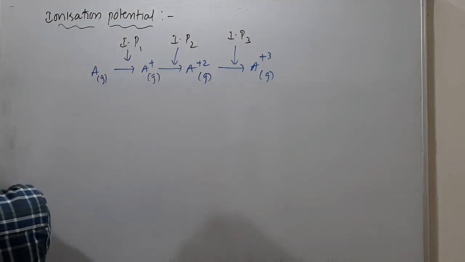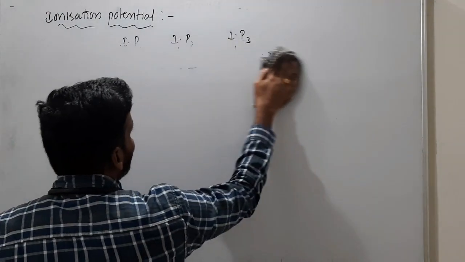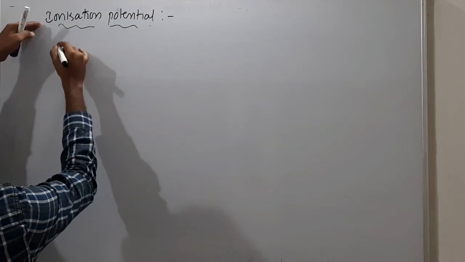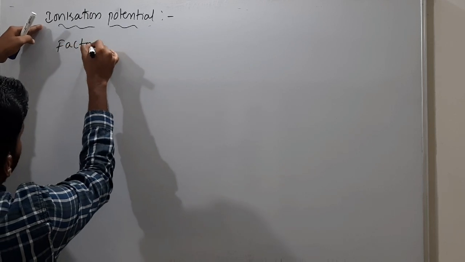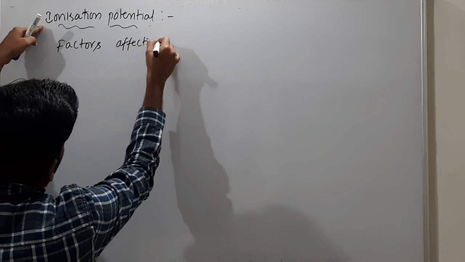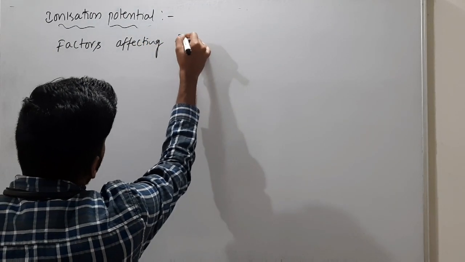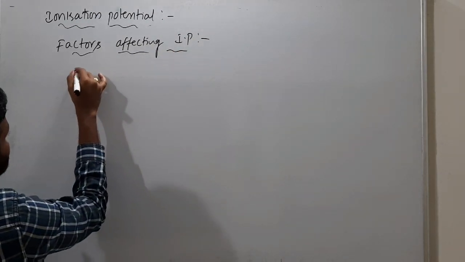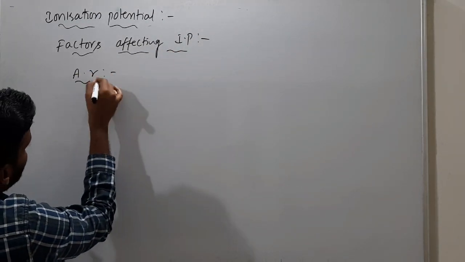Now let's see what are the factors affecting ionization potential. One by one we have to discuss. Atomic radius is the first factor.